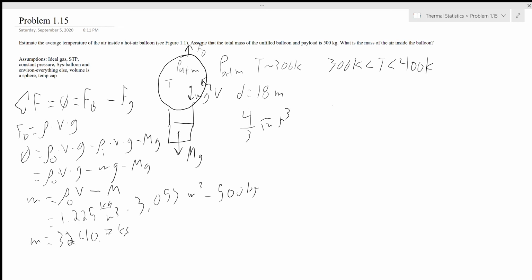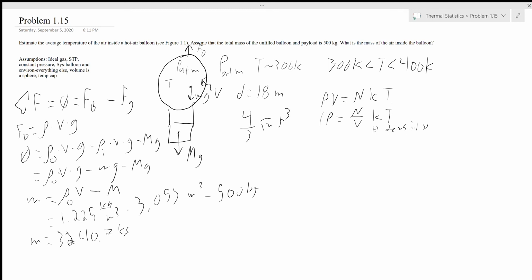Now that I have this mass, I can also figure out what the actual temperature is instead of this range. So working with the ideal gas law, PV equals NkT, if I solve for P, I get P equals N over V times k times T. Now this is the number density. So all I need to do is multiply by mass, and I get the inside density in order to help solve this equation.